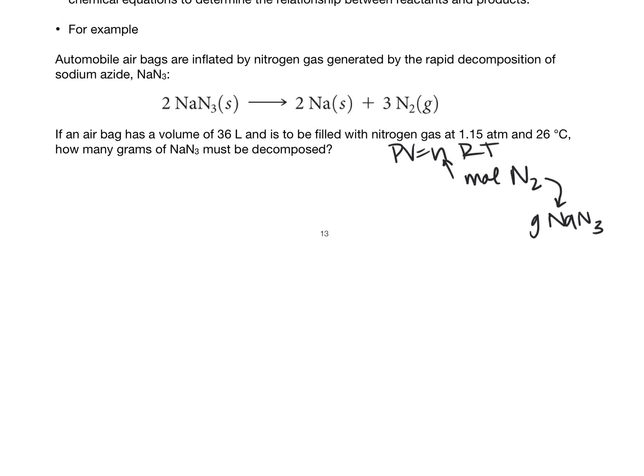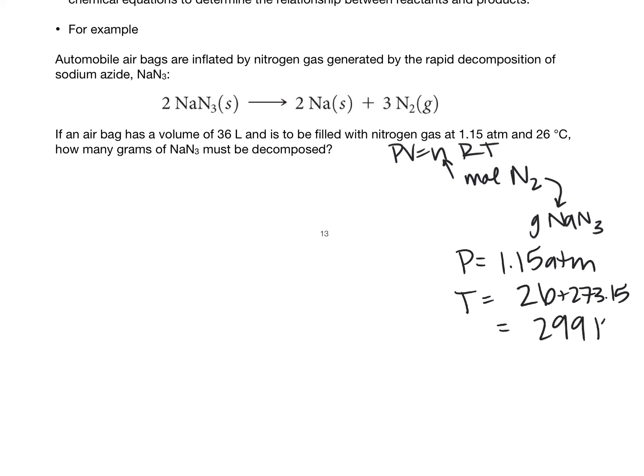We know that the pressure is equal to 1.15 atmospheres. The temperature is equal to 26 plus 273.15, and that's going to give us 299 Kelvin. We know that the volume is equal to 36 liters.